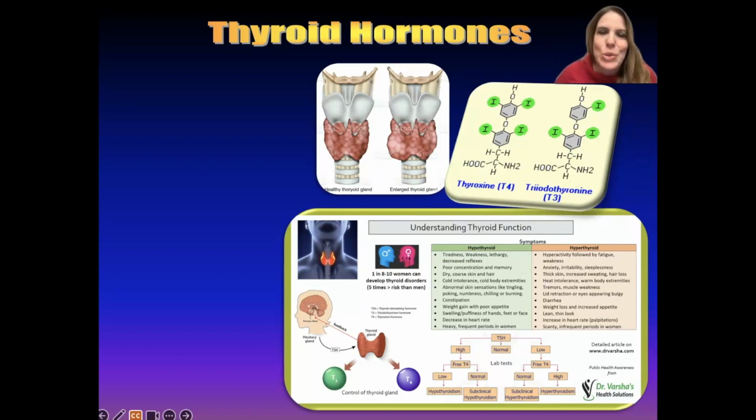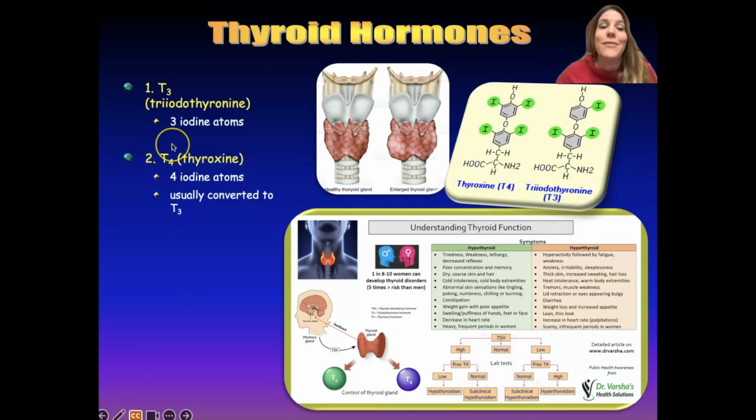Let's take a closer look at the actual hormones themselves, and then we're going to talk about how those thyroid hormones are actually synthesized. So the two thyroid hormones are T3 and T4. T3 stands for triiodothyronine, and it has 3 iodine atoms on it, and you can see that over here. So here's the actual chemical composition of T3, and you can see 1, 2, 3 iodine atoms on it.